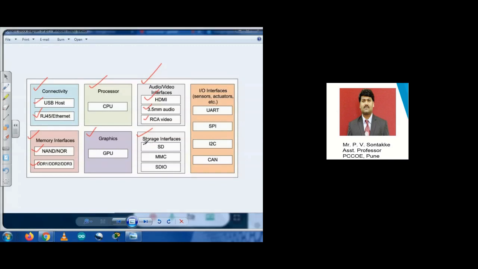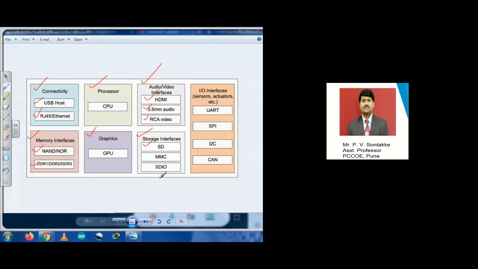Okay, so if I'm talking about the first interface, secured digital cards, isn't it? It means we can save our data at different data rates. SD will be having varieties of types.